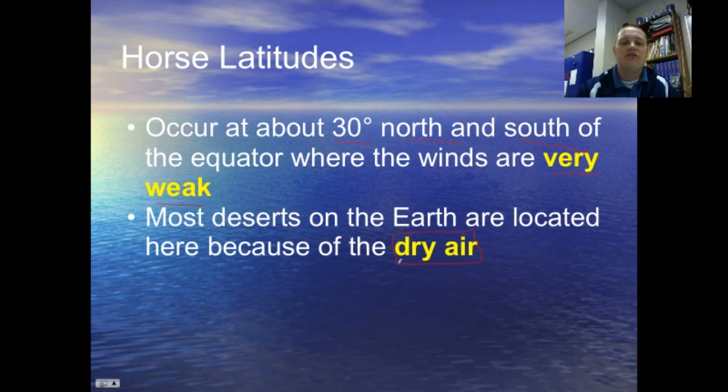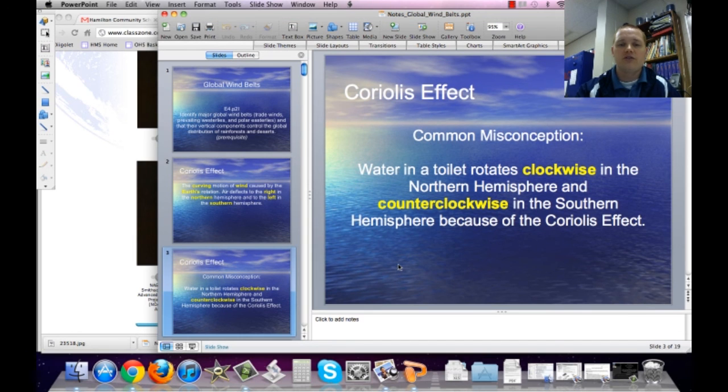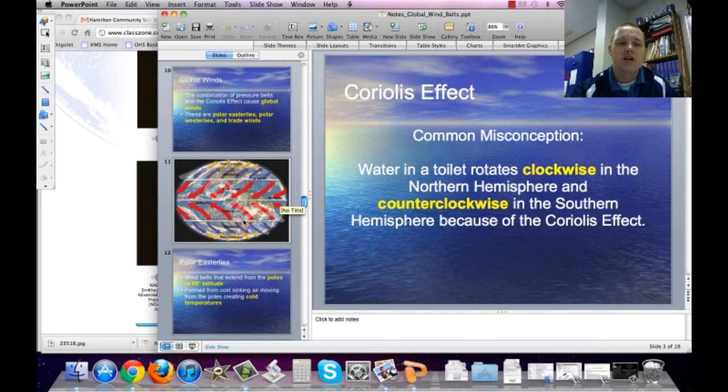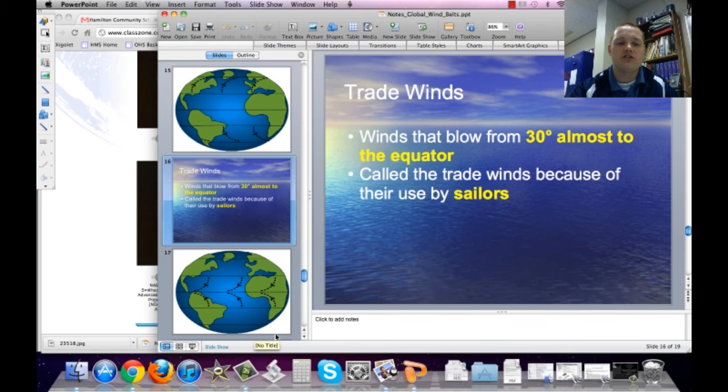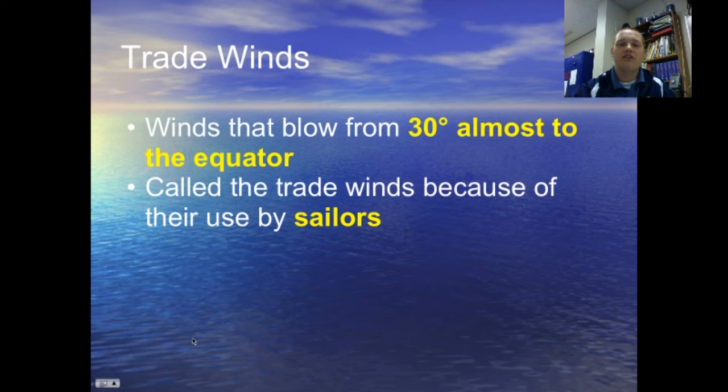Well, the other reason why this got its name, the horse latitudes, has to do with the fact that the horse latitudes were the locations in which boats, as we talked about earlier with trade winds, used the winds to move. And as you notice the location, 30 degrees north and south of the equator. The horse latitudes got their name because when the winds stopped moving, the sailors and the captains would start throwing the horses off the ship, because they were reducing their cargo and the mass of their boat.